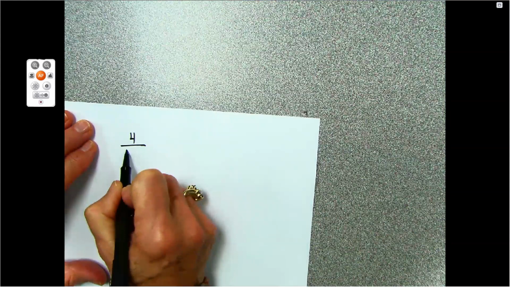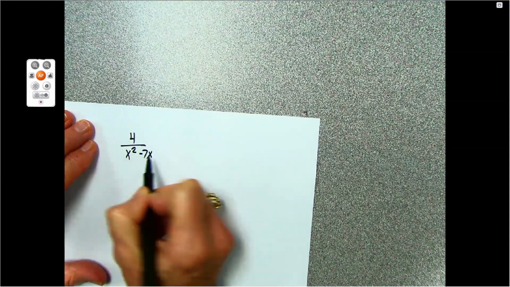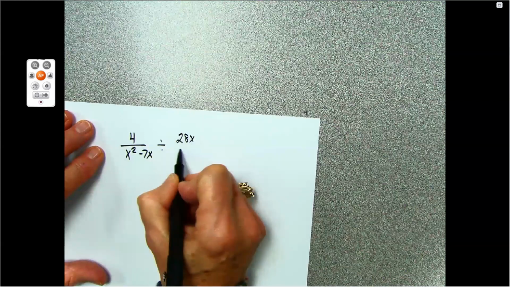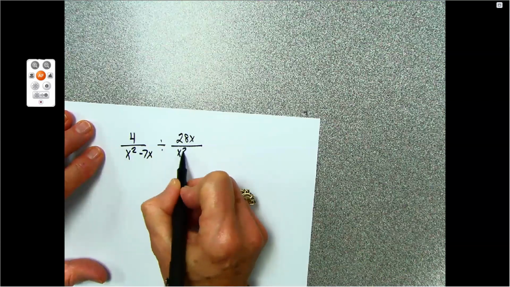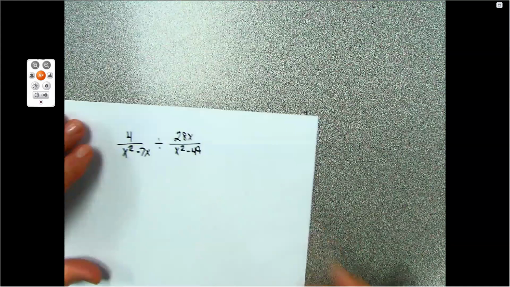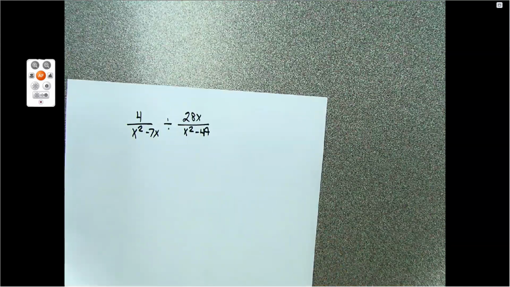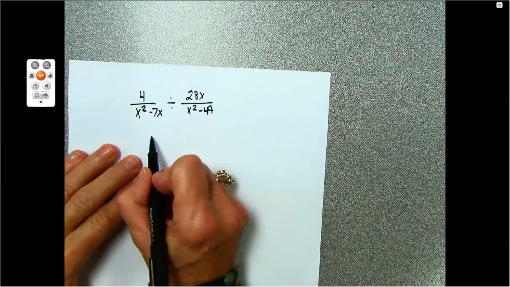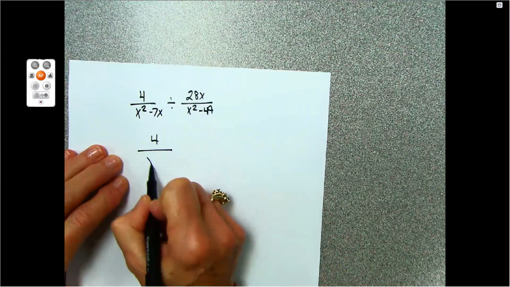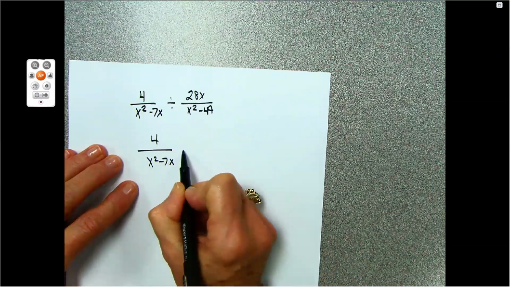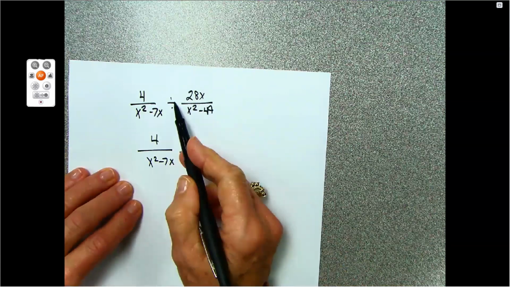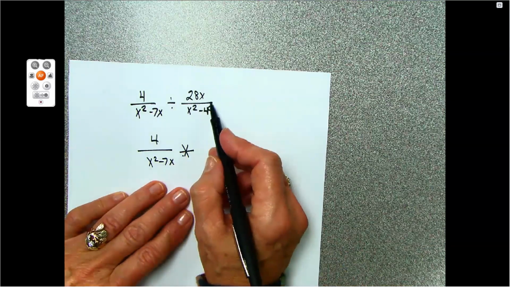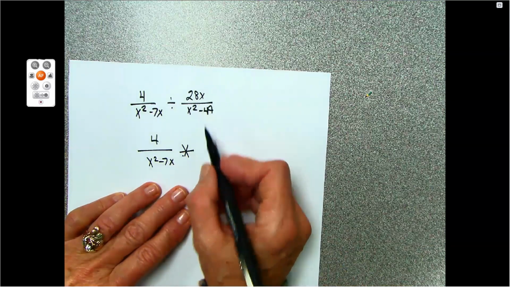Four over x squared minus 7x divided by 28x over x squared minus 49. Division. So I'm going to rewrite this as 4 over x squared minus 7x times, change division to multiplication and multiply by the reciprocal.